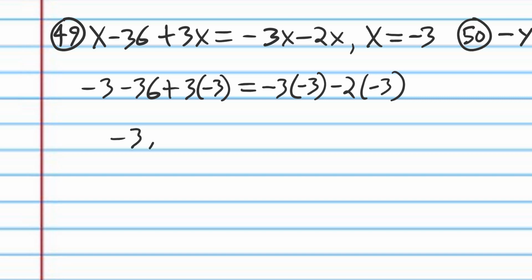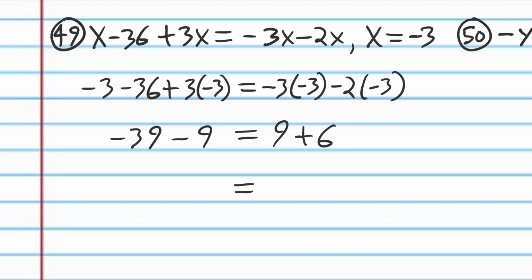You get negative 39 if you combine these numbers. Minus 9. 3 times negative 3 is negative 9. Negative 3 times negative 3 is positive 9. And then negative 2 times negative 3 is positive 6. So again, we're using all kinds of condensed notation, and we're doing PEMDAS out of order just because we can in some cases. So this is all stuff that you need to be slowly starting to understand as you get more and more experience.